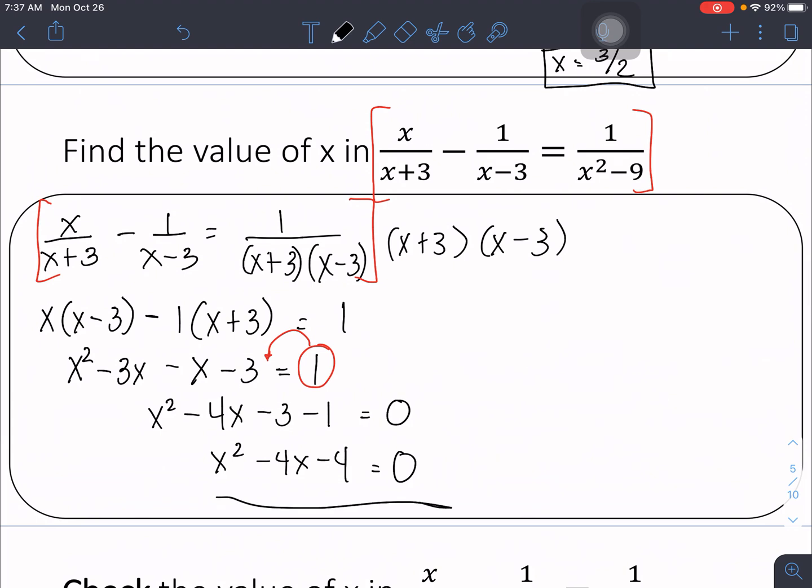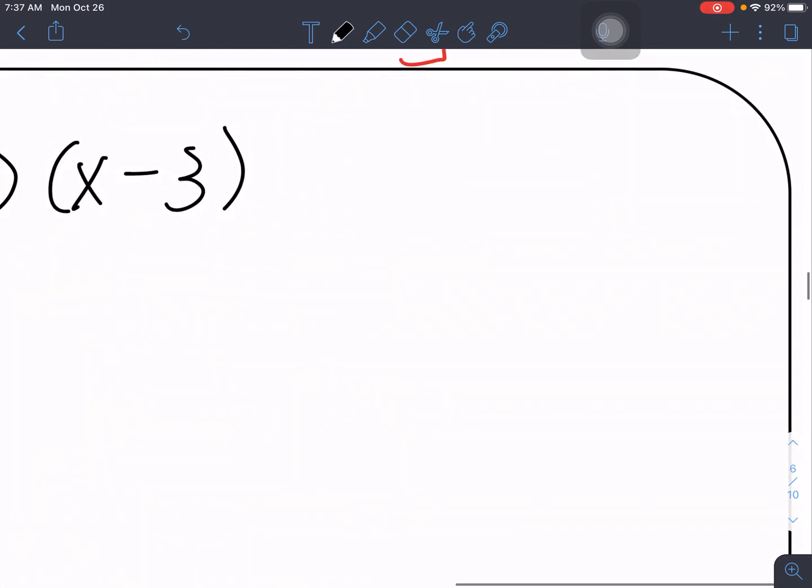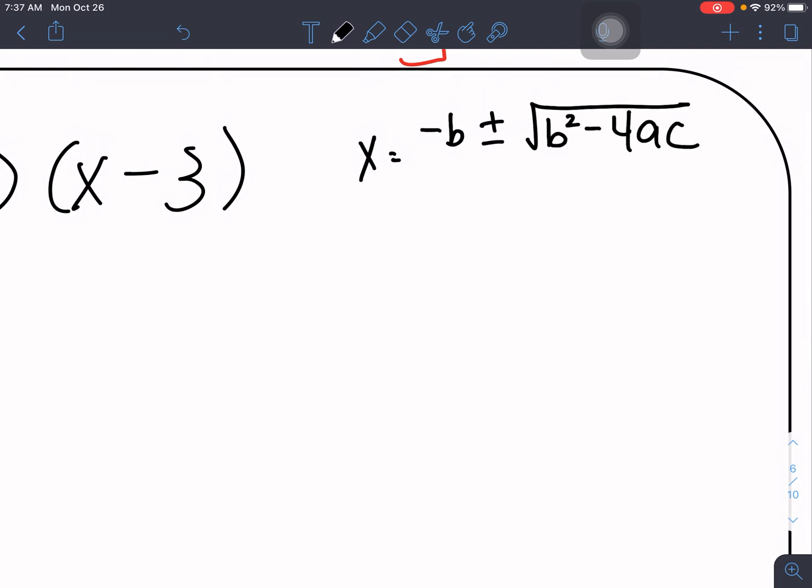Okay, so when we are given this kind of equation, how to identify the value of x? Maybe I could use the quadratic formula because this equation is a quadratic equation. So let us recall what is a quadratic formula. So our x will be equal to negative b, plus or minus the square root of b squared minus 4ac, over 2a.